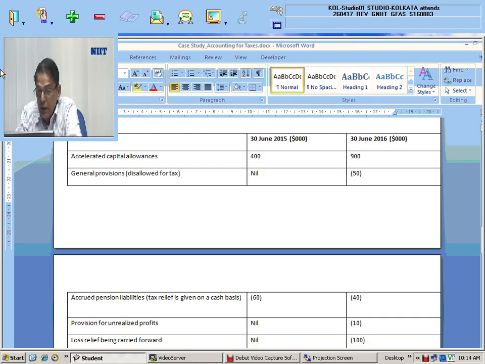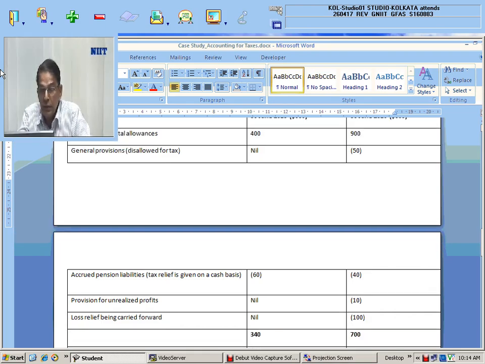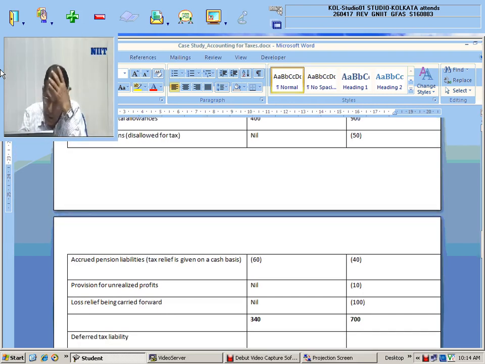So the net temporary difference as on 30th June 2015 is 340. And net temporary difference on 30th June 2016 is 740. So the deferred tax liability will be 30% of 340 as on 30th June 2015, and the deferred tax liability will be 30% of 740, that is 210,000 as on 30th June 2016.